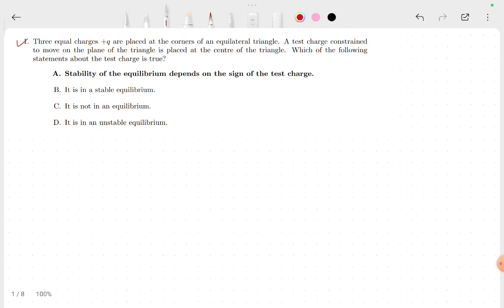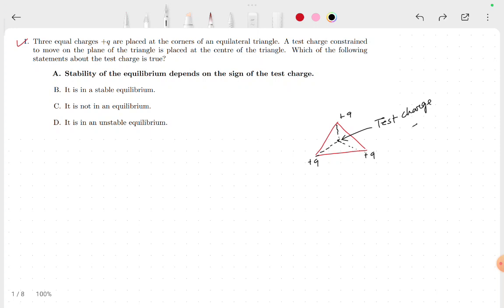So if we draw a triangle, this is a triangle, and three positive charges are placed at the three corners of this triangle, and then a test charge is placed at the center of this triangle. This is the location of the test charge.